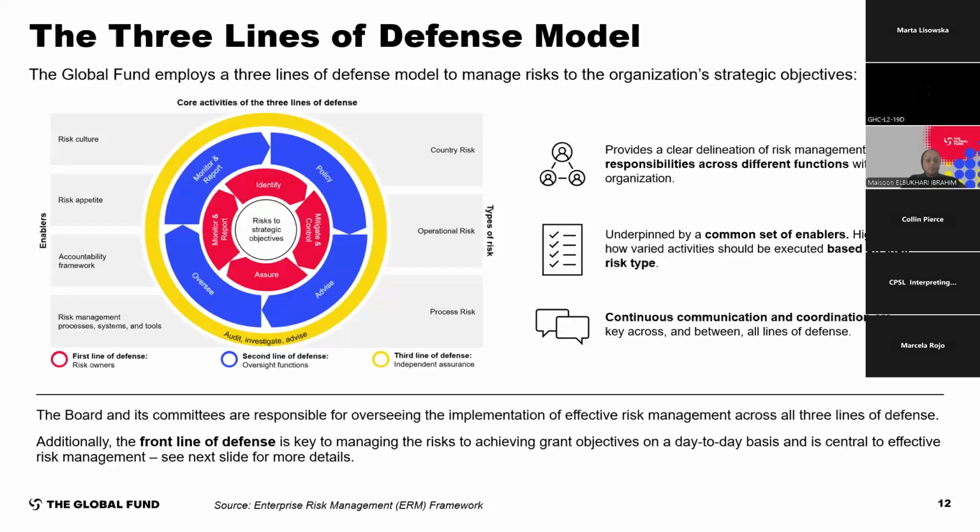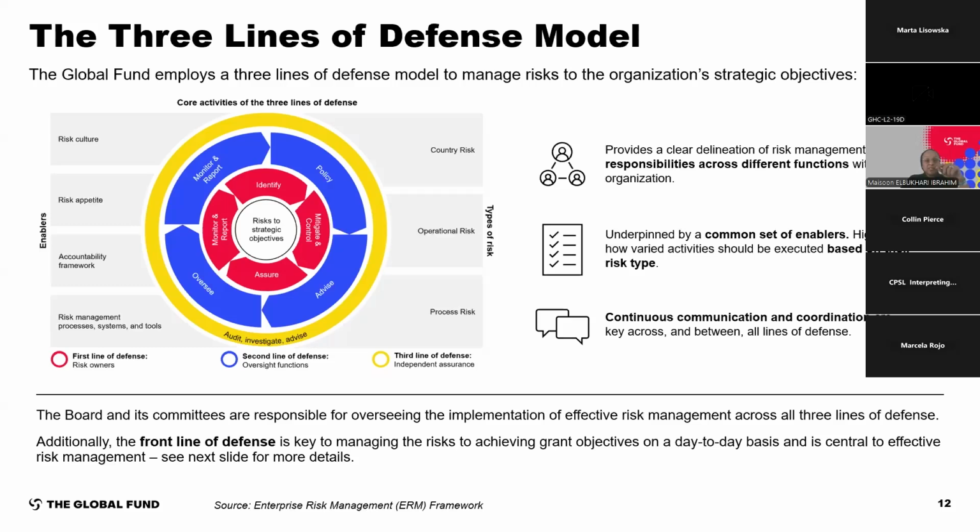The third risk, which is the country risk, is where we will focus today. It involves uncertainty in achieving grant outcome and ultimately the overall mission of the Global Fund. So country risk impacts both the individual grant, the country portfolio, and also our ability as a partnership to deliver on our commitment.